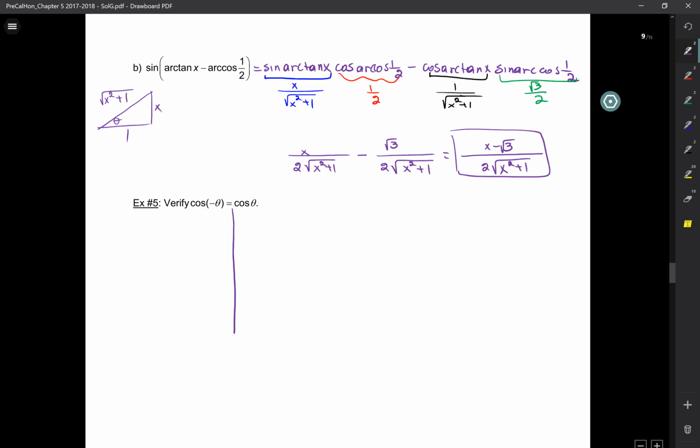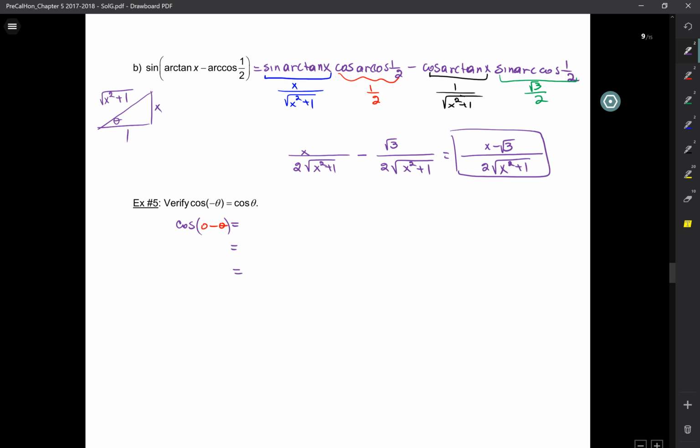Okay, now, so this is cosine of negative theta. Now, what's another way to write a negative number? Like if you want to write -3, is it the same as saying 0 minus 3? It is. So why don't we write 0 minus theta here? Because it's the same. And you have an equal sign. So the trick with verifying is, we want to make these equal signs line up like this.